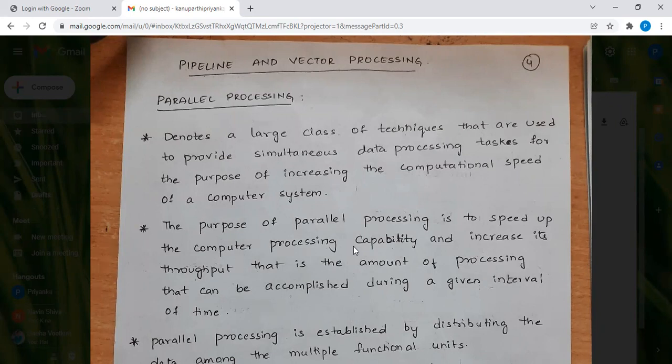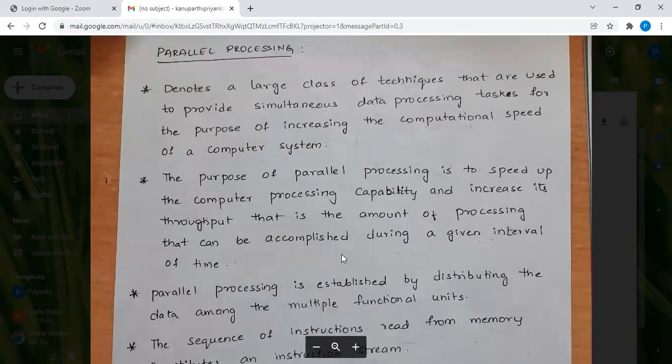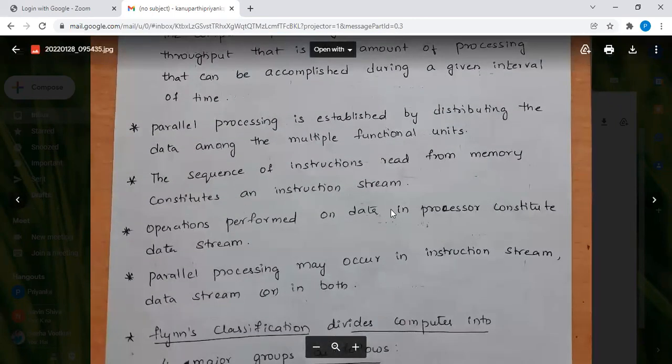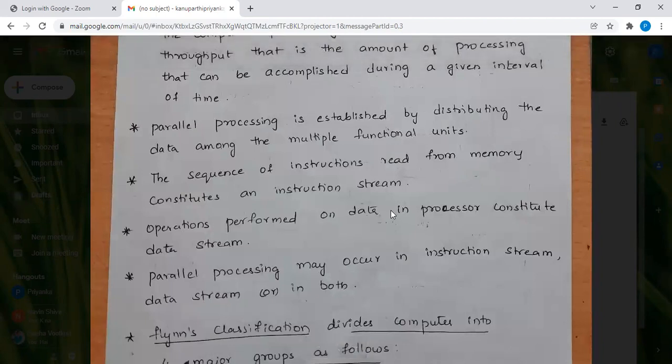Then parallel processing is established by distributing the data among the multiple functional units. Is this the purpose of using parallel processing?